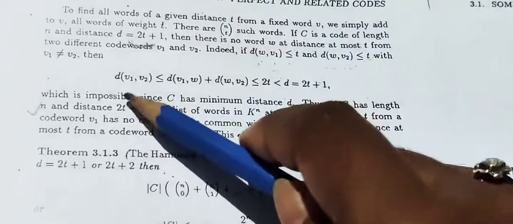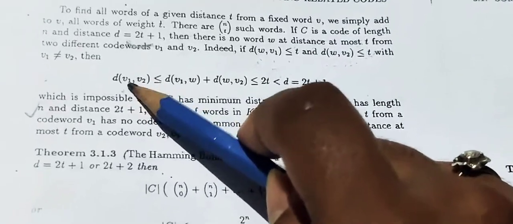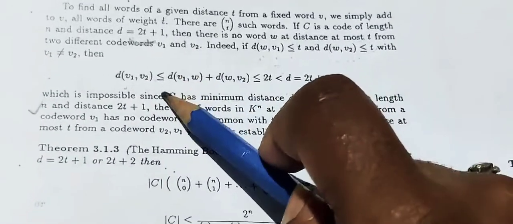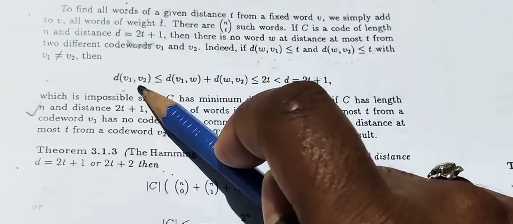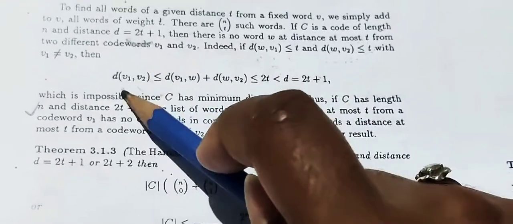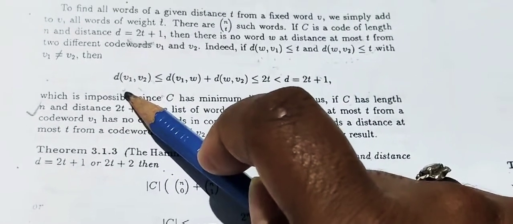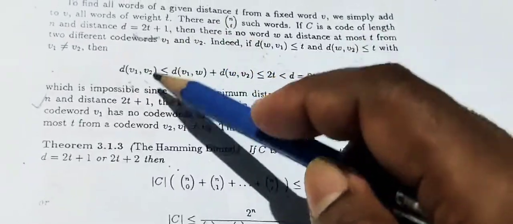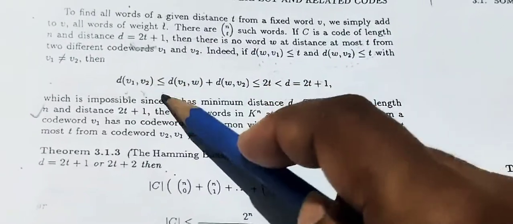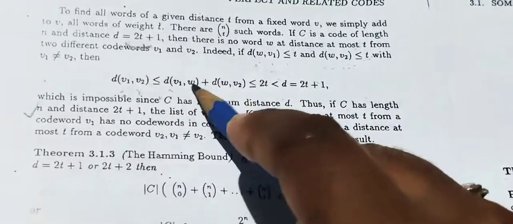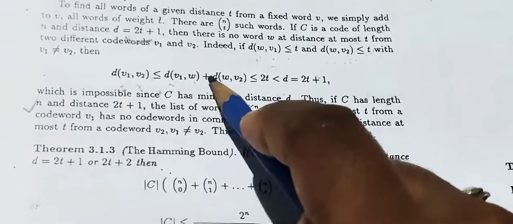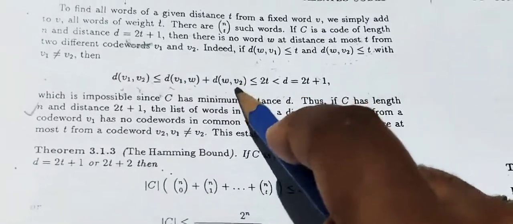Okay. So we consider the distance of V1 with V2. Distance is also a metric, so by the triangle property, distance of V1 with V2 is less than or equal to distance of V1 with W plus distance of W with V2.